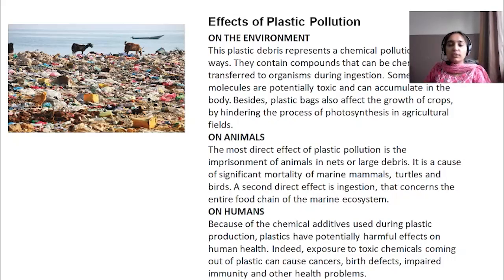On humans also its effects can be seen, as when we put any food or beverages into some plastic container or bottles and consume them directly from that plastic bottle, it may cause a severe impact on our health, which may lead to severe diseases like cancer, birth defects, impaired immunity, and other health problems.